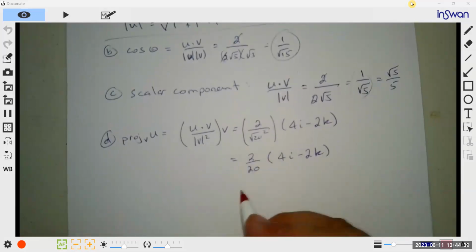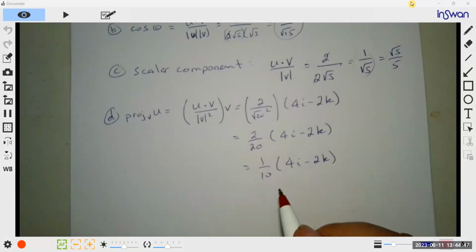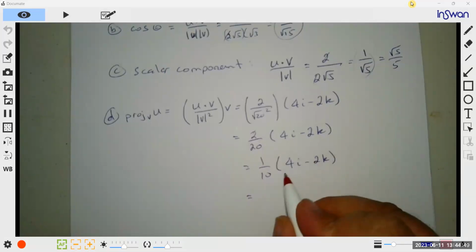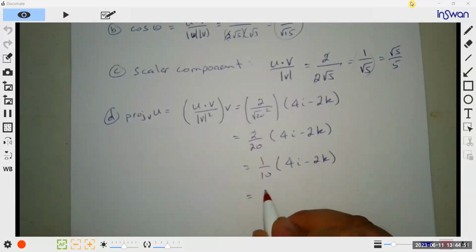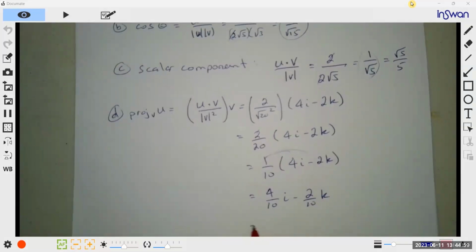The squared cancels, so it's 1 over 10. I distribute. So my final answer is 2 over 5 i, minus 1 over 5 k.